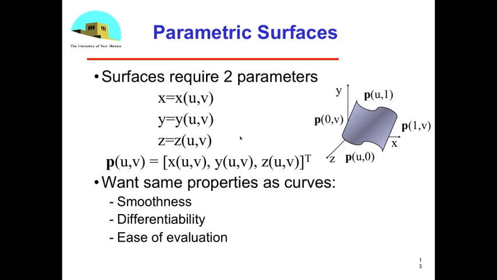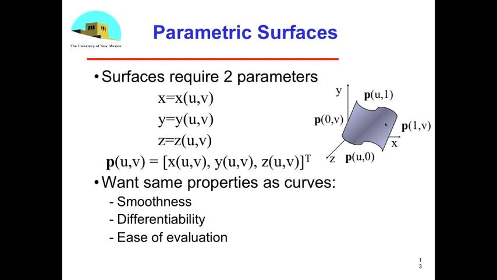Okay, but let's look at it just slightly different way. That's not particularly good. Let's look at it this way. What I want to argue is that if you know about curves, you know about surfaces. Because if I set u equal to 0, then I have a parametric curve in v, and it might look like this edge. If I set u equal to 1, I get a parametric curve in this direction.